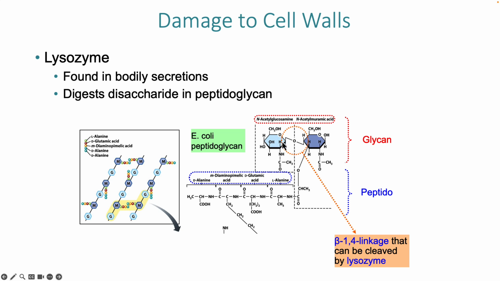And so when that bond is cleaved, that breaks apart the cell wall. So therefore, archaea, which have a different cell wall, right? They don't have this N-acetylmuramic acid, or like mycoplasma, which don't have a cell wall at all, would be resistant to the lysozyme, which has evolved to protect us from bacterial infection.